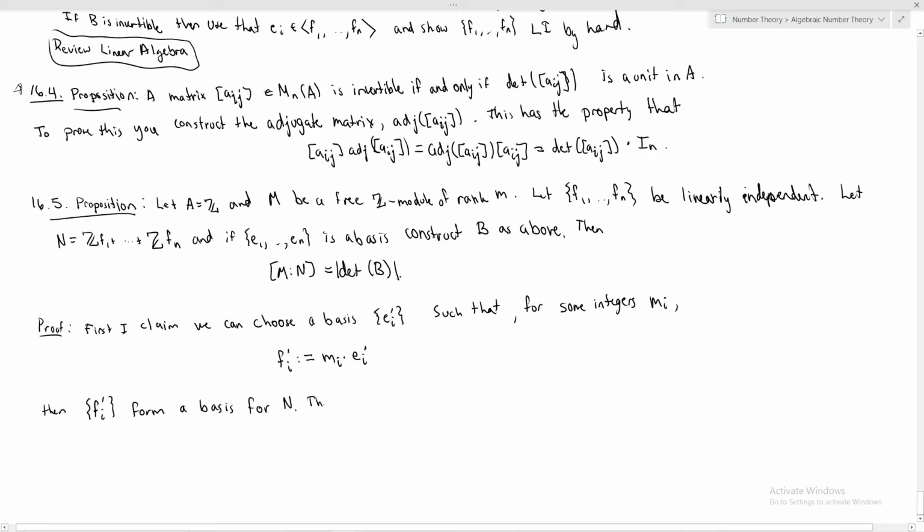This is equivalent to finding invertible matrices, so not just any matrices, n by n matrices X and Y such that XBY is diagonal.